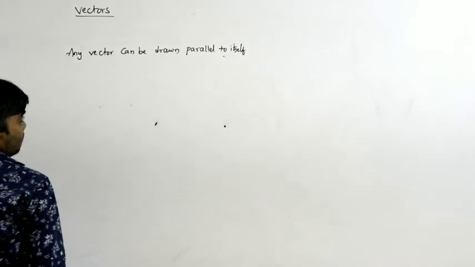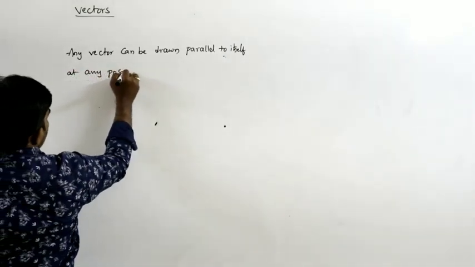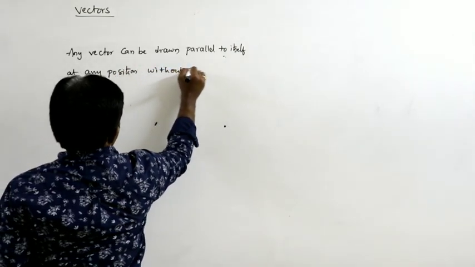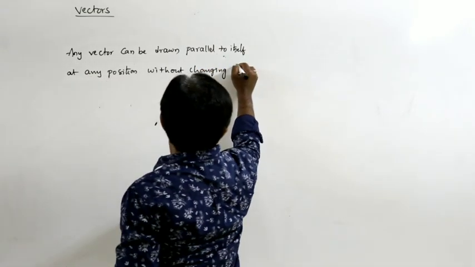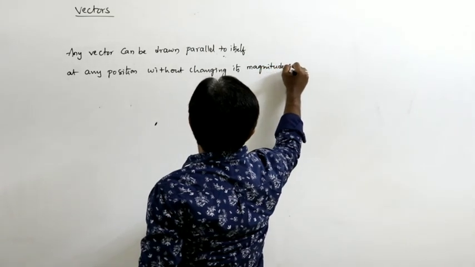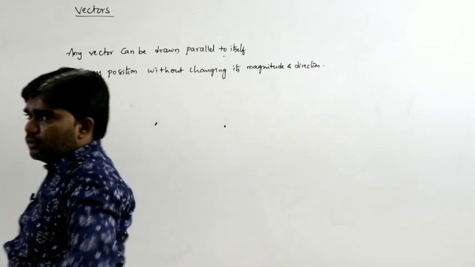Any vector can be drawn parallel to itself at any position without changing its magnitude and direction. So this is one point you have to remember.